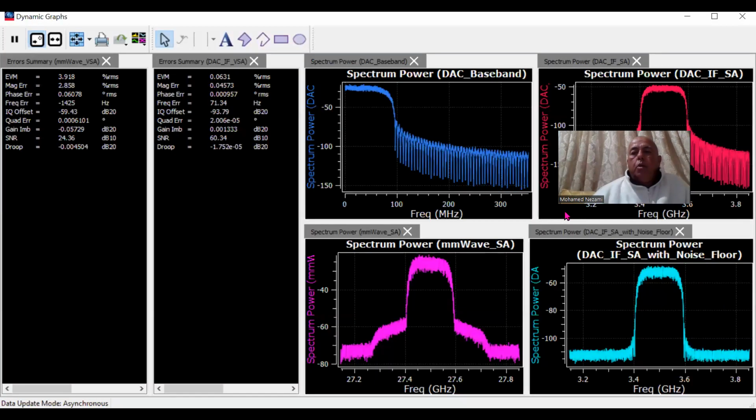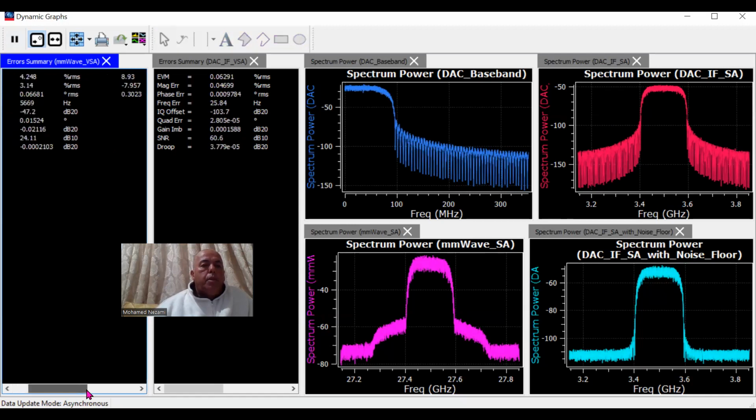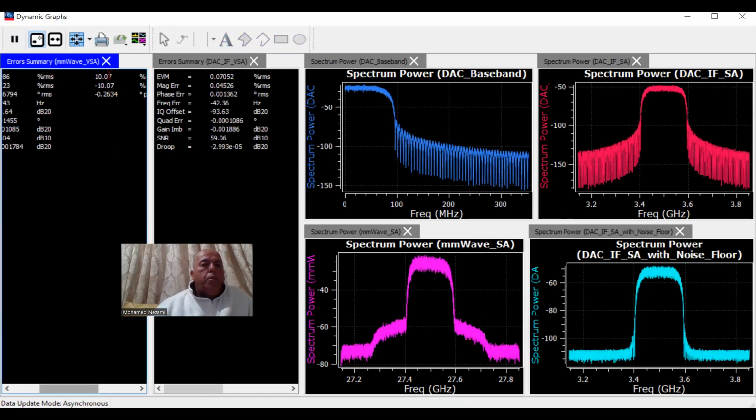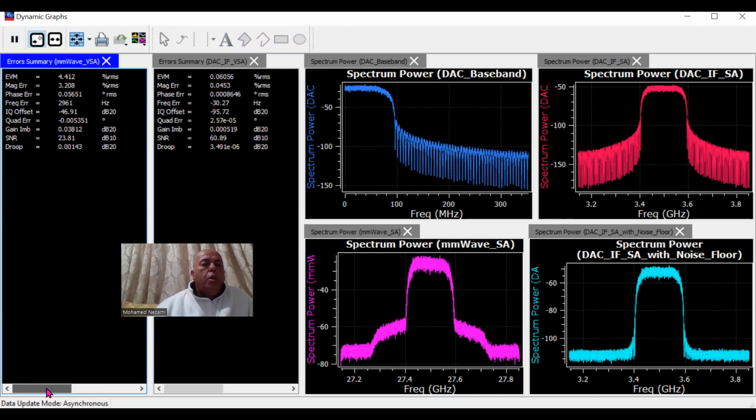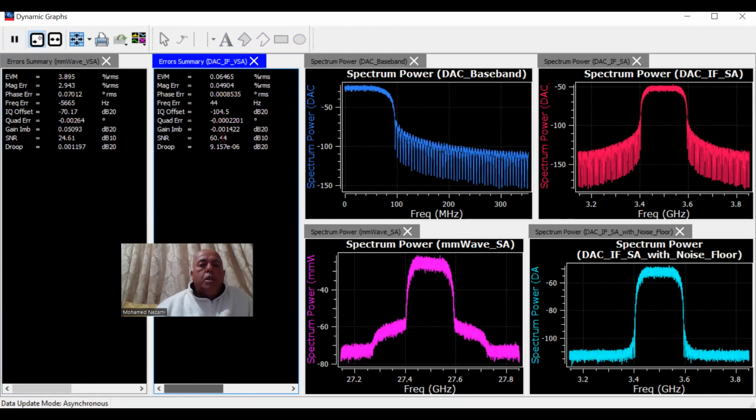So it's running right now, as you can see here. The EVM in this case is running with an RMS of somewhere around 8, 9. Once in a while you get a burst of errors. The SNR is 25 dB. The DAC IF output is running right here, which is a very clean EVM, of course, 0.1, but the SNR is 60 dB.